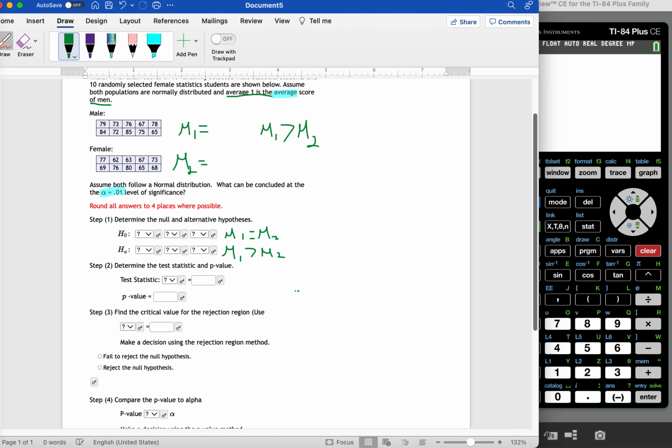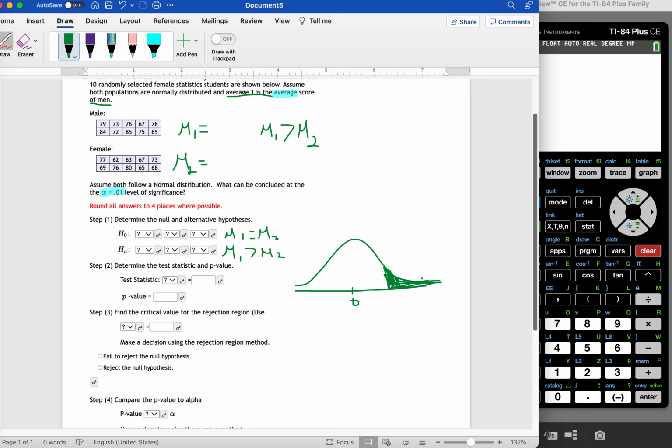So when we do our right-tailed test, our graph is going to look like this, where we have the right tail area filled in, which means if 0 is the mean in the center, then we're going to be looking at positive numbers.